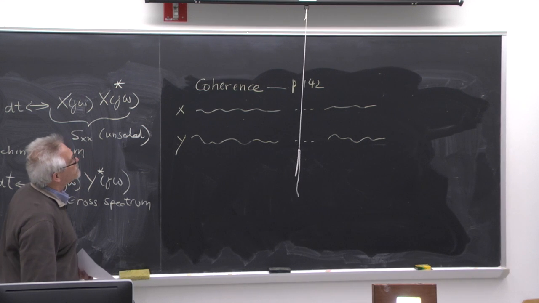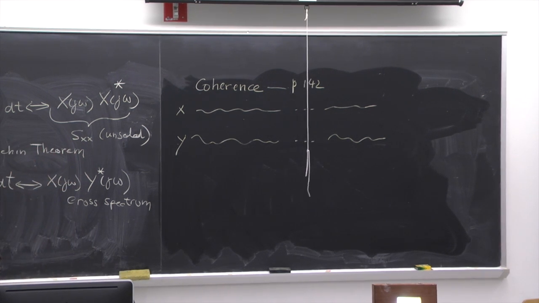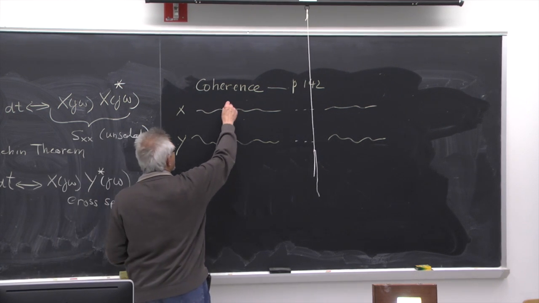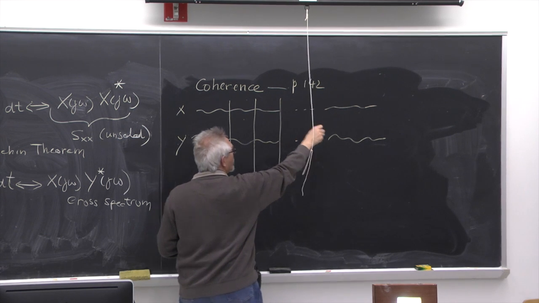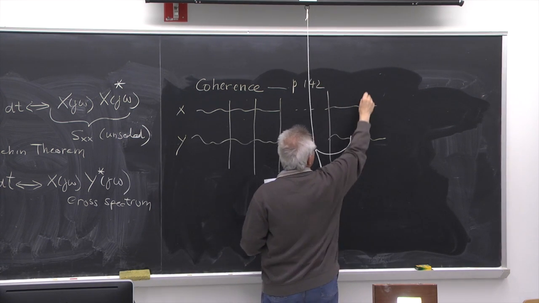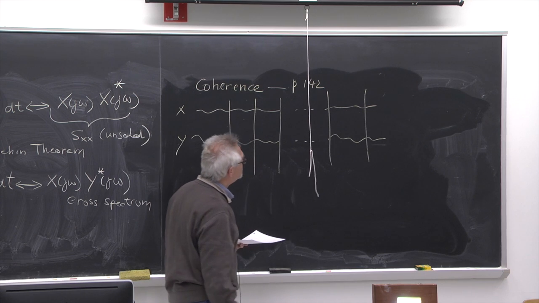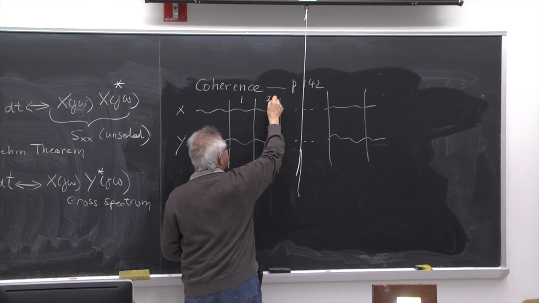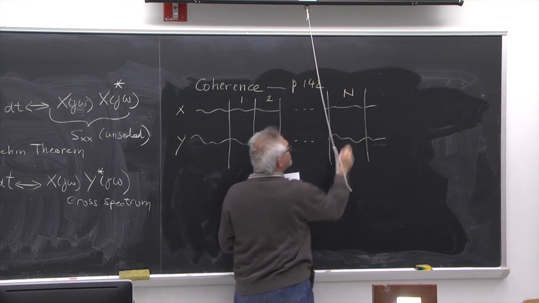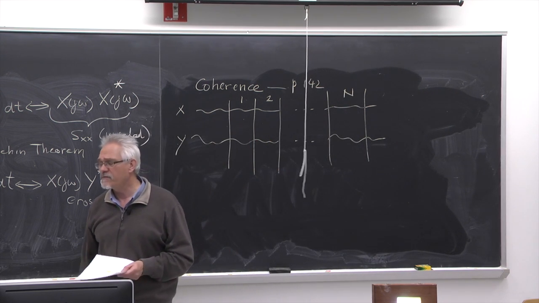And at some point, we are just going to cut this signal in pieces. Let's say we start here, and we keep going, and we stop there. So then we would have 1, 2, n epochs of signals x and y.